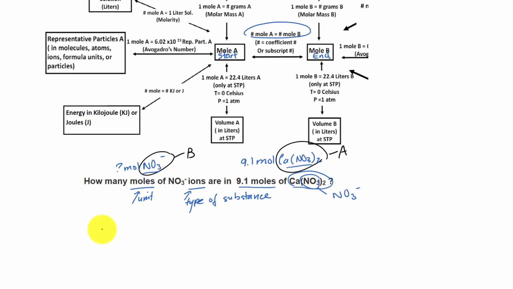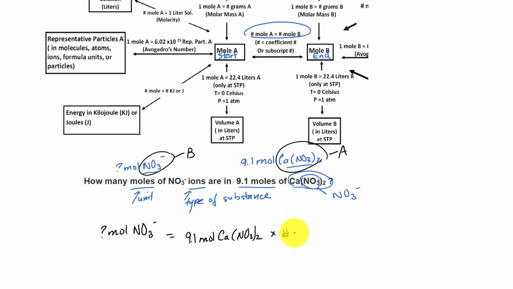So again, rewrite, what are we looking for? Mole of NO3 minus. And we are given 9.1 moles of calcium nitrate. And for mole A, which is right here, the given, we're going to multiply that by the conversion factor, just like we did before.